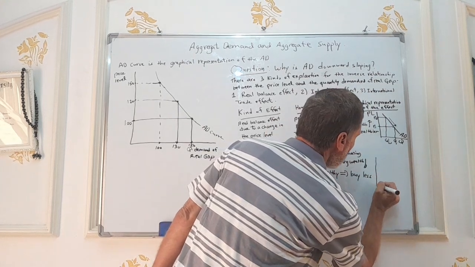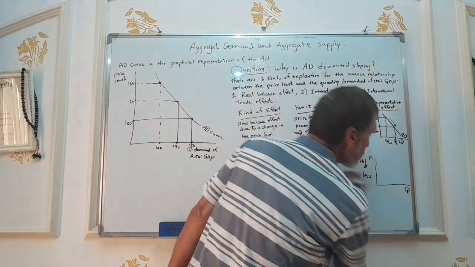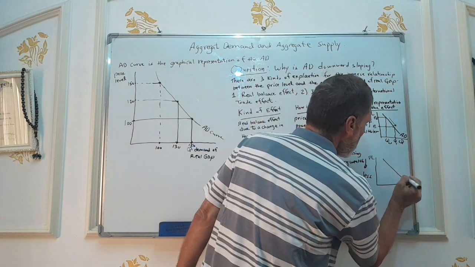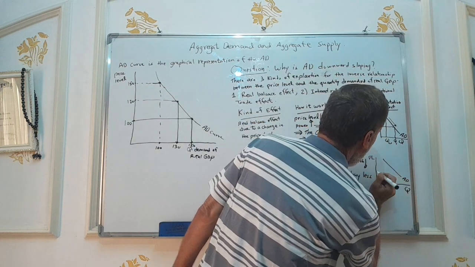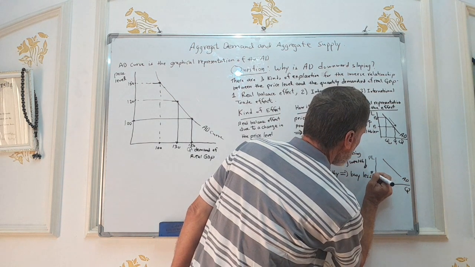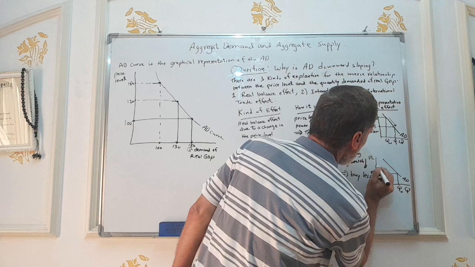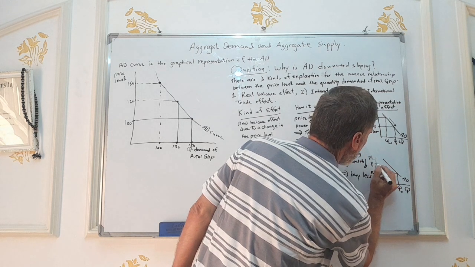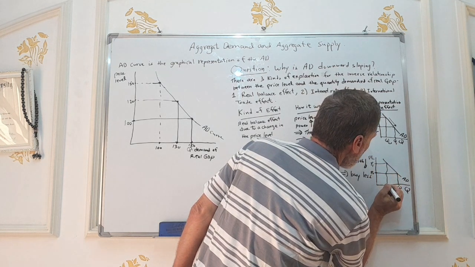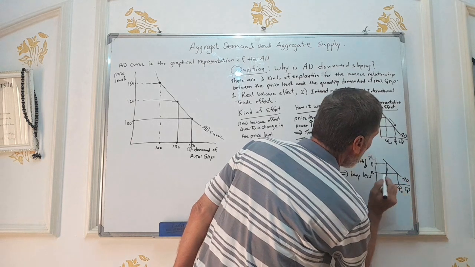So graphically, as you can see, price level, quantity demanded of GDP, and this is what you get here, aggregate demand. Now, price level increased. We are here, P0, that's Q0. Now, when the price level goes to P1, he is going to purchase Q1, so it decreases.